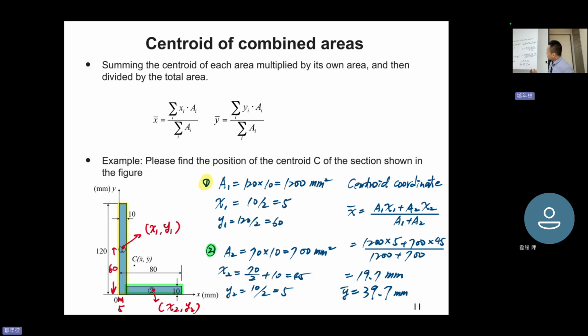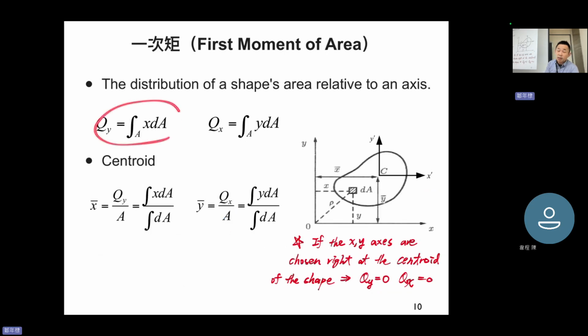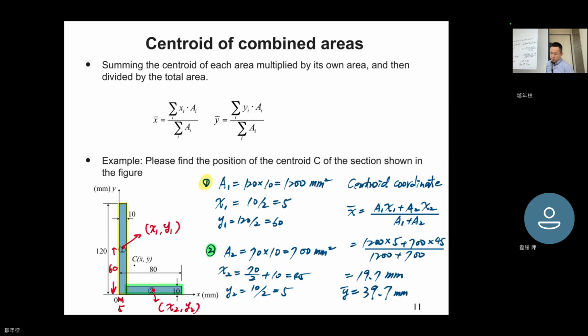So basically, because you understand this simple rectangle, you know the centroid of this simple rectangle. So if you multiply your A back to x1 and y1, you will obtain this. It's just like the average for two classes.